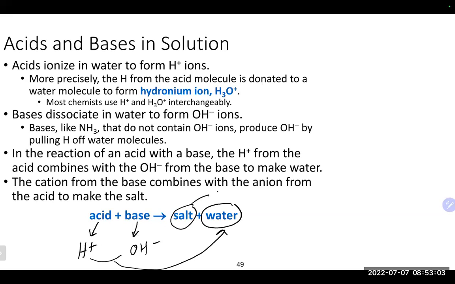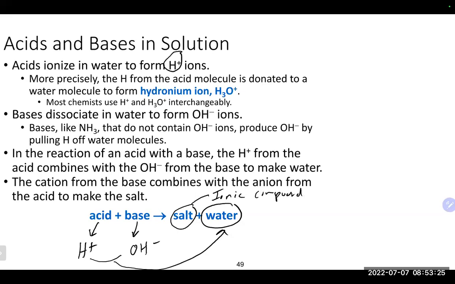A salt is just an ionic compound that comes from the two spectator ions that are hanging out in that solution. An acid is a solution that, as we talked about, has the ability to form H+ ions in solution.